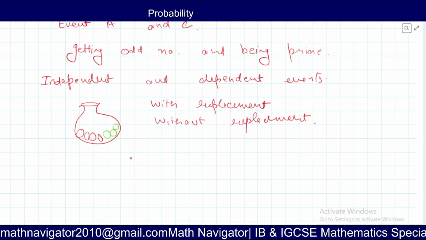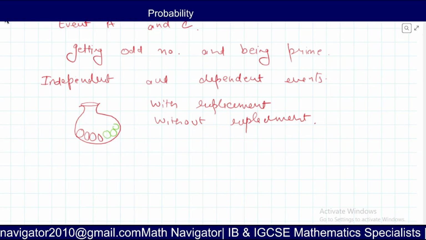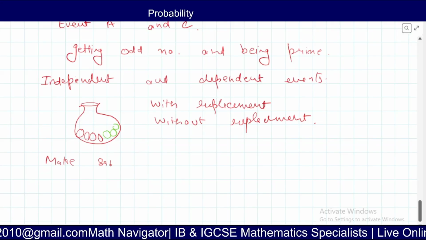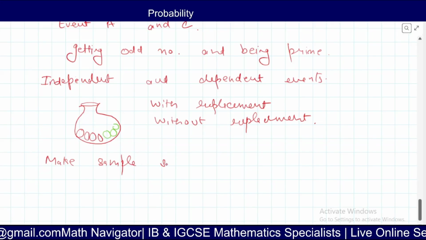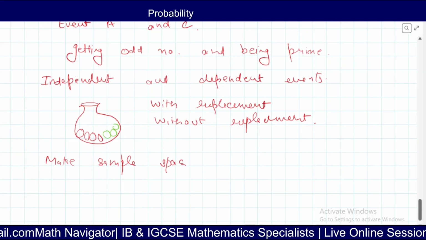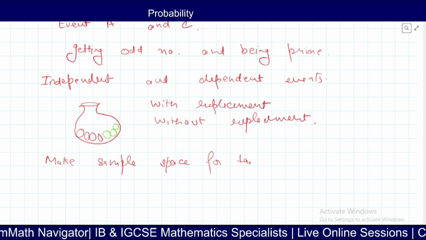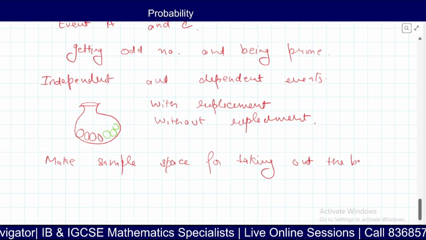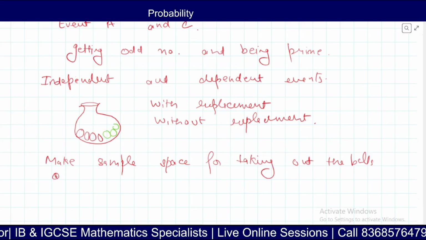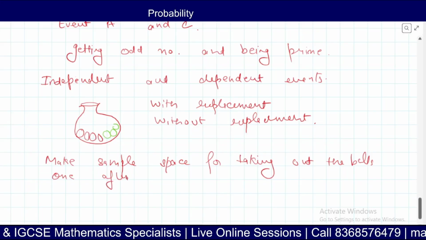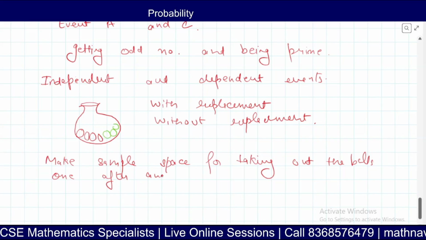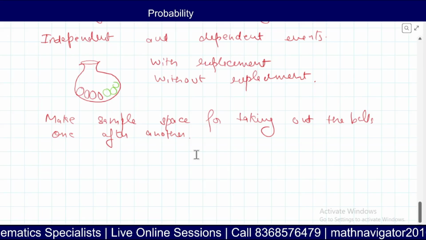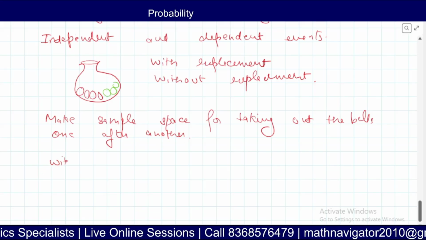Got it? So now I'll make a diagram for a situation, like making a sample space for taking out the balls one after another, right? So I'll make both, with replacement and without replacement. First, I'll make with replacement.